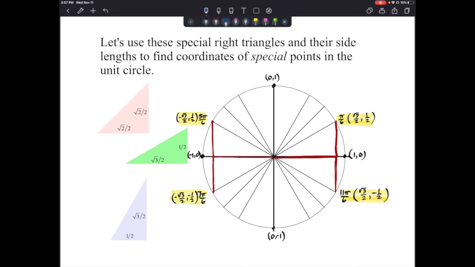Let's do the next one here where we had our radical 2/2. Our radical 2/2, this is like our pi/4 angle. Hopefully you remember that from in the past. So if we take this and we move it over here, notice it matches up perfectly with that middle angle. We know that middle angle now is pi/4. So each of those side lengths would be radical 2/2, radical 2/2.